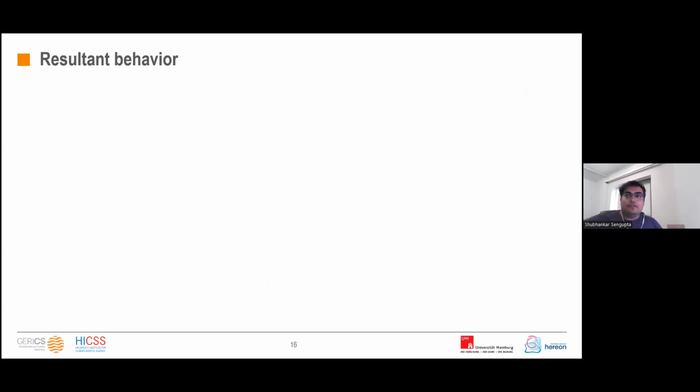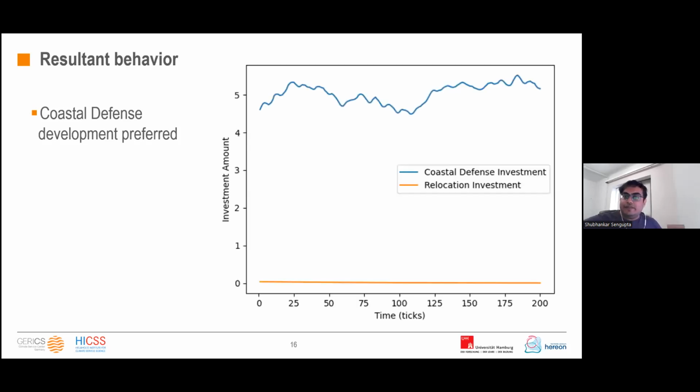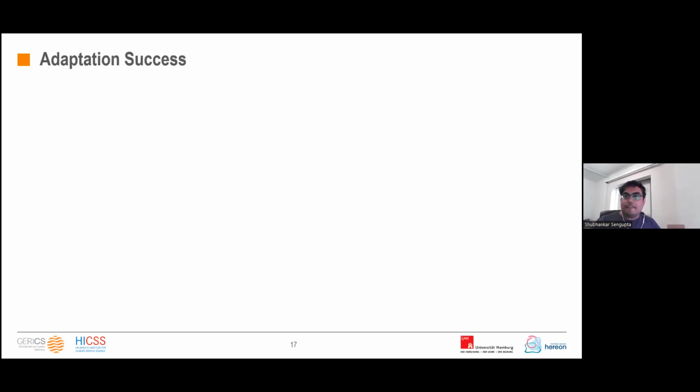Out of these two adaptation options, as you probably saw, the agent really only favors the coastal defense development over relocation. This is expected because relocation is a more expensive process, and it also decreases the agent's income because the coastal territory is more valuable in terms of capital. So it's disincentivized by the model. The agent really is able to successfully adapt using this one option.